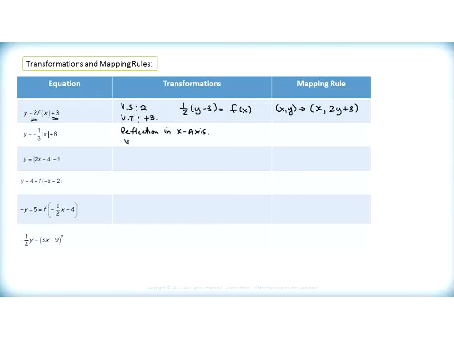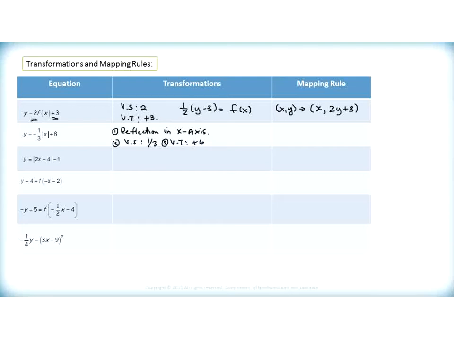The 1/3 represents a vertical stretch of 1/3, and the 6 represents a vertical translation of positive 6. These are the 3 transformations that are occurring here: 1, 2, 3.